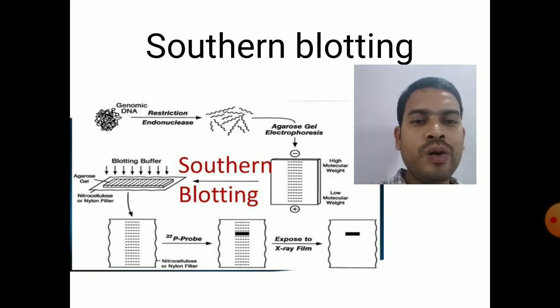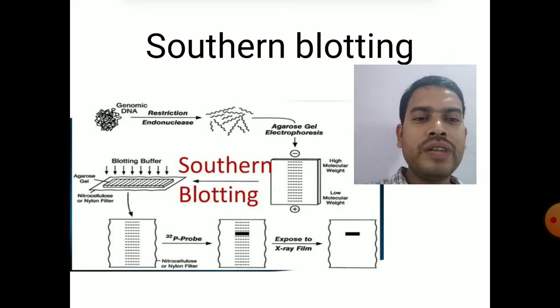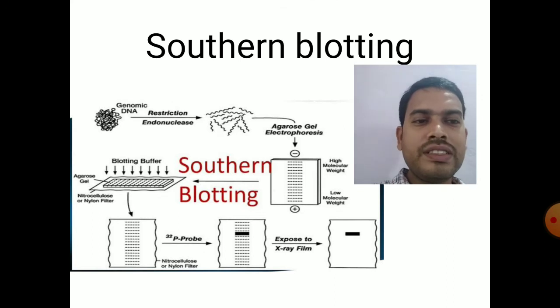If you are using a probe which is radio labeled, as shown here, P32, then the nitrocellulose paper has to be exposed to X-ray film, where the process is called autoradiography.